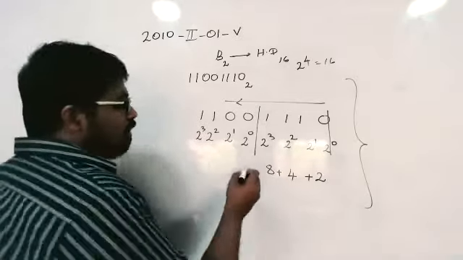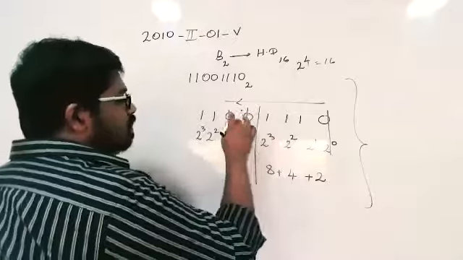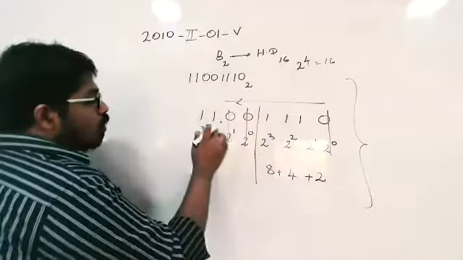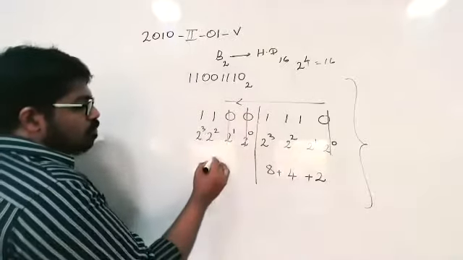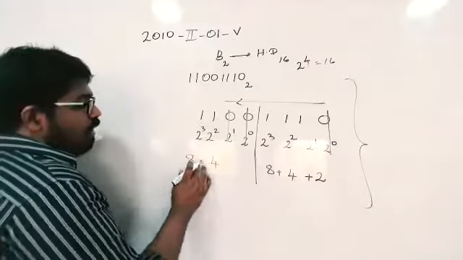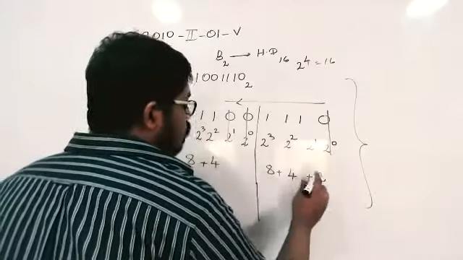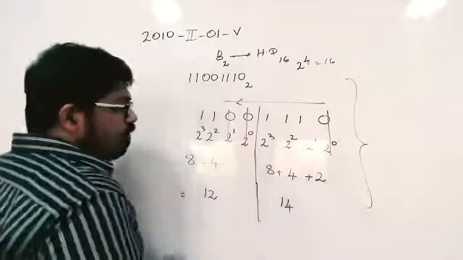Now I will consider the next part. I can remove this one because multiplied by 0 will be 0. 2 to the power 2 is 4, 4 into 1, 4, plus 2 to the power 3 is 8, 8 into 1, 8. So 8 plus 4, 12, plus 2, 14.